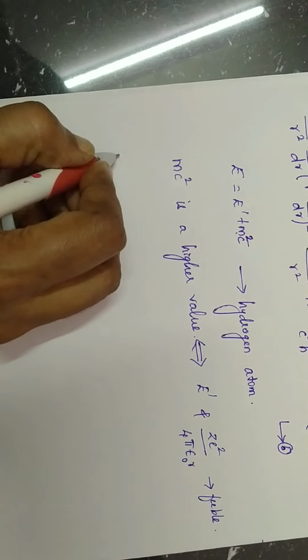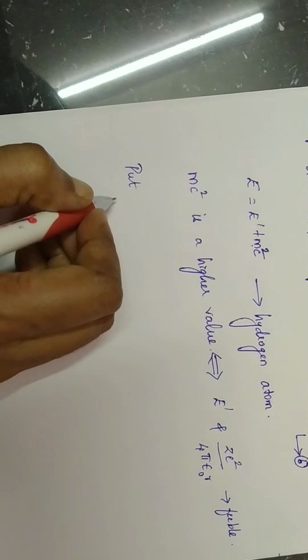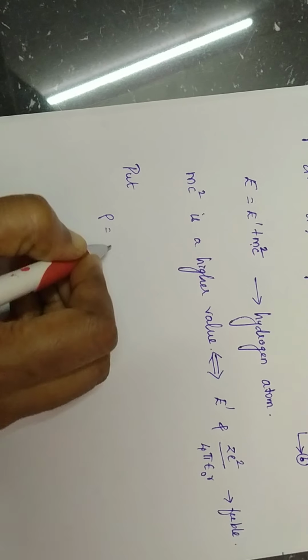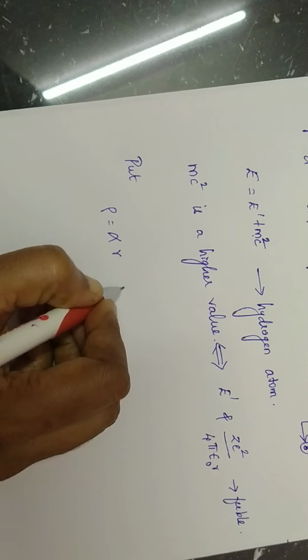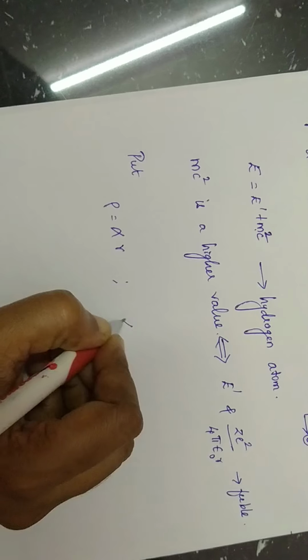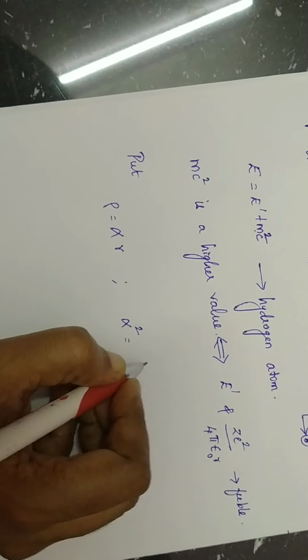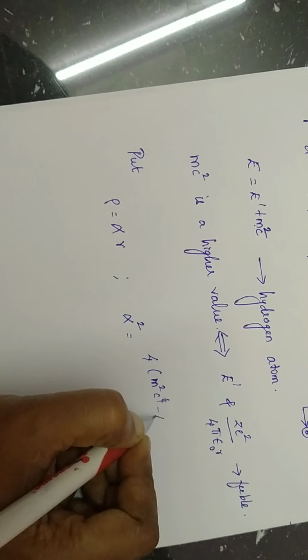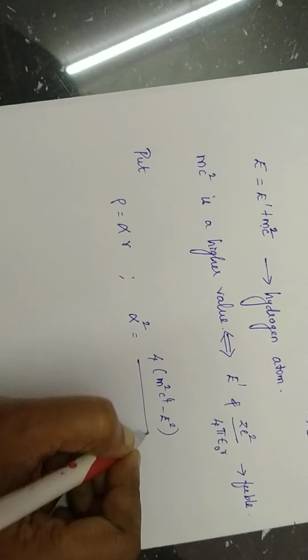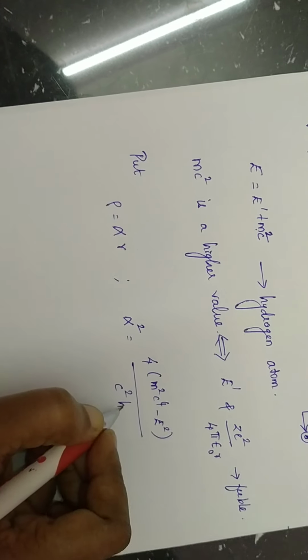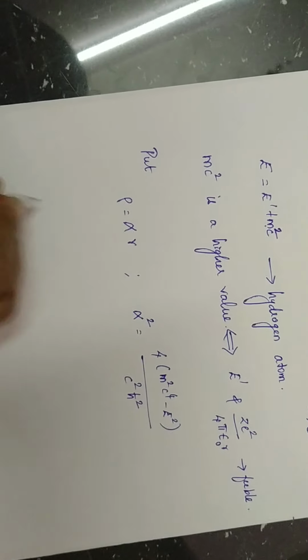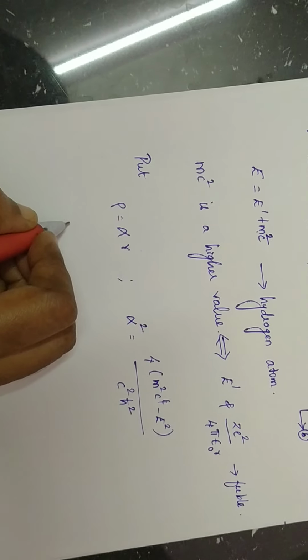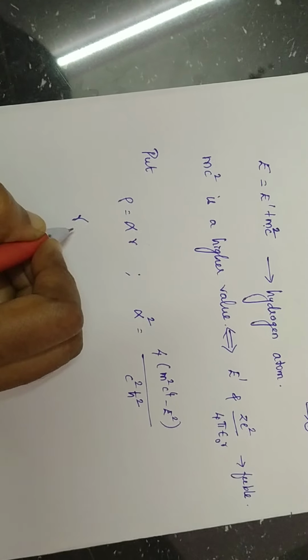Okay, I can put rho equals alpha into r, and we are supposed to know what alpha is. Alpha square is equal to 4 multiplied by m square c raised to 4 minus E square divided by c square h cross square. And also we are going to introduce one more constant, that is gamma.